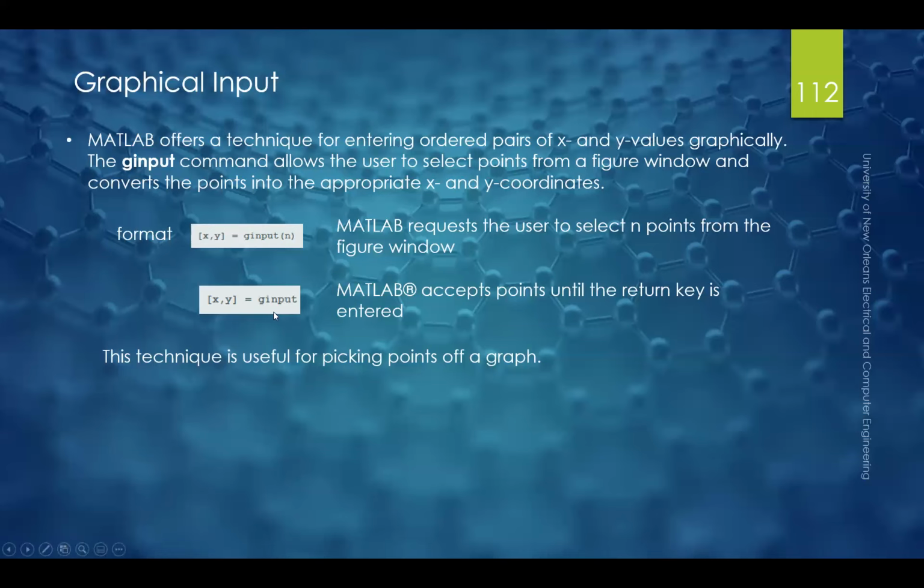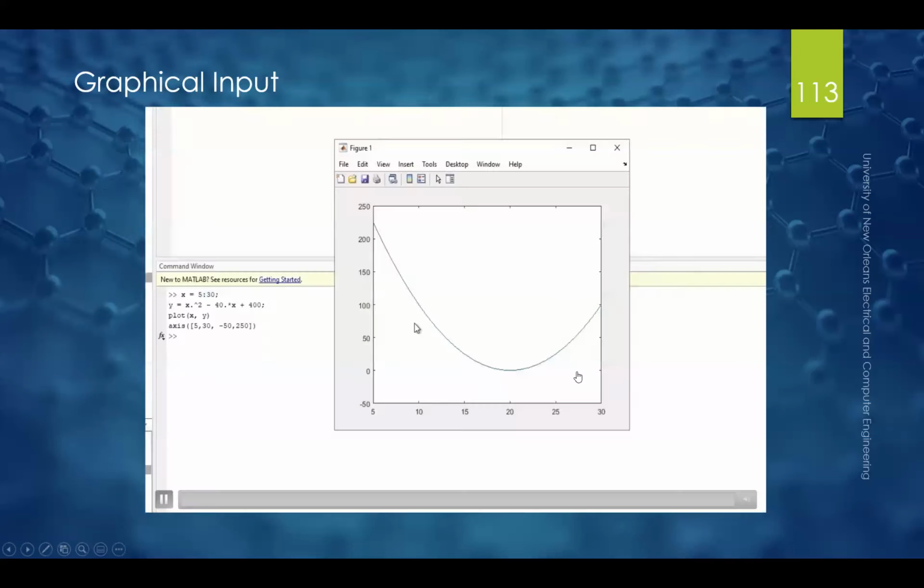If you don't tell MATLAB a number of points, then you can keep selecting points until you hit the return key. Once you hit the return key, MATLAB understands that you're done, and it will put the results again into the XY array. So let's see how this works.